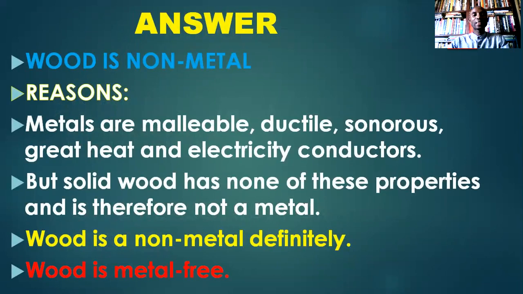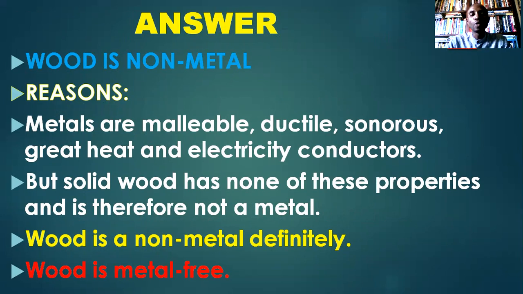All right, wood is a non-metal. What are the reasons we have for that? Wood is a non-metal. Why? Because metals are malleable, metals are ductile, metals are sonorous, metals are good conductors of heat and electricity, but wood is not ductile.